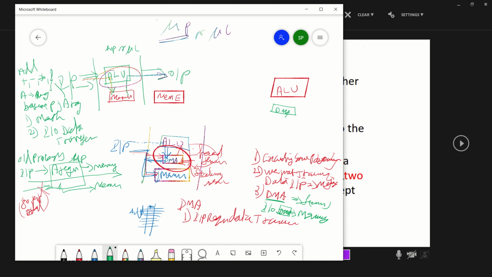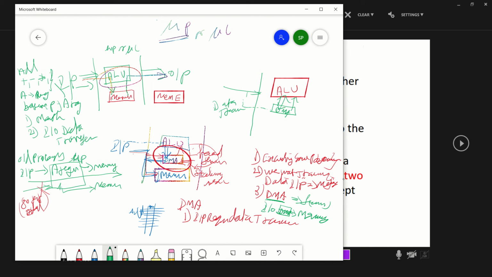Whenever the processor requests a data transfer, after getting that request, it uses the bus, that is the address and data bus, and the control operation.